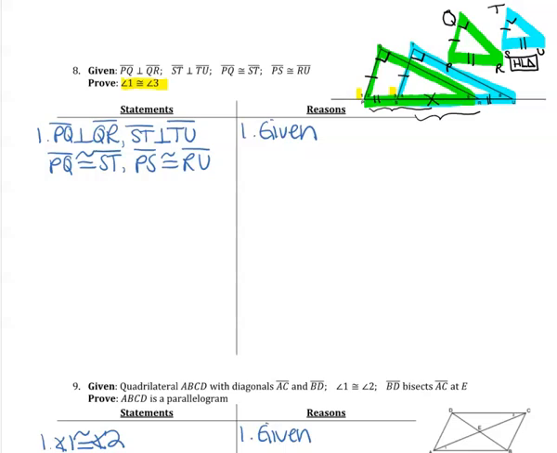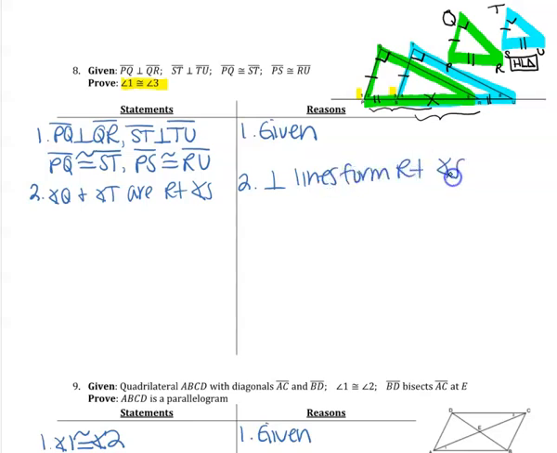So, let's talk about those right angles first. Now, I'm not doing side angle side or angle side angle, right? I'm doing HL. So with that being said, I need to make sure I have right triangles in here.